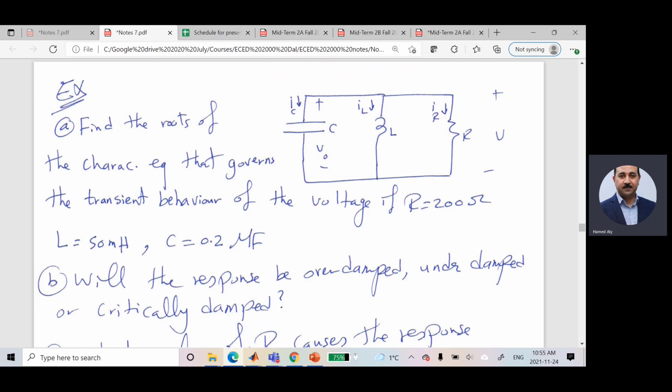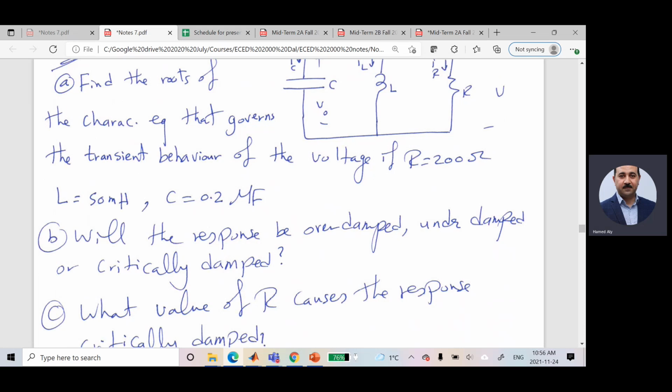The roots that he is asking about here are S1 and S2, which equal negative alpha plus or minus the square root of alpha squared minus omega squared. These are the roots. So for finding the roots, I have to find alpha and omega. And then he asked me, will the response be over-damped or under-damped or critically damped? This is depending on what?